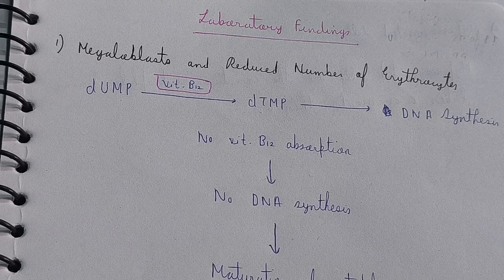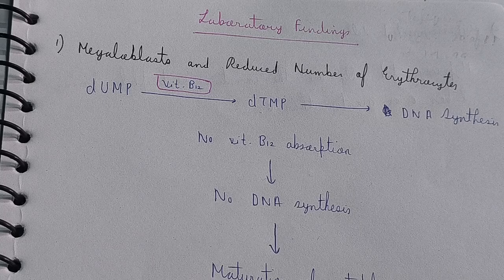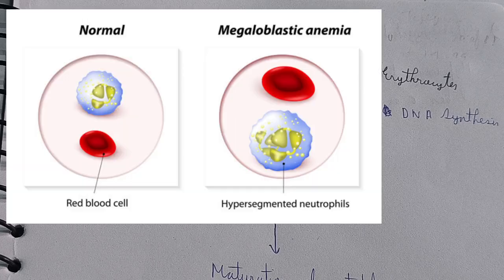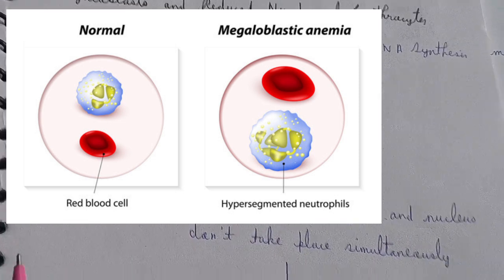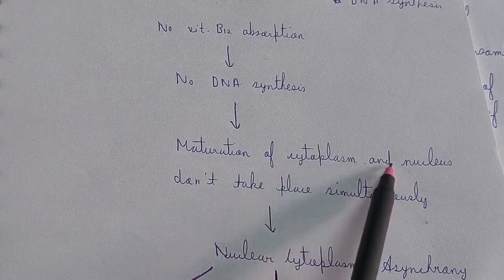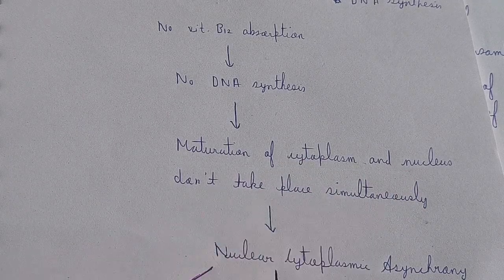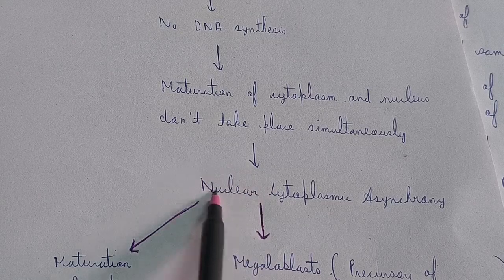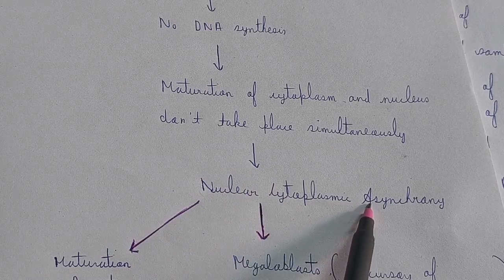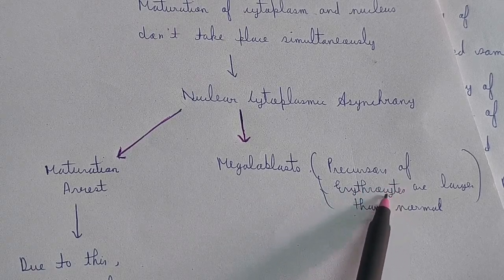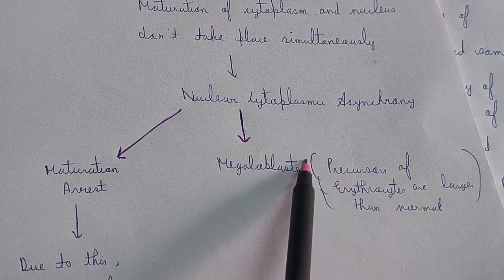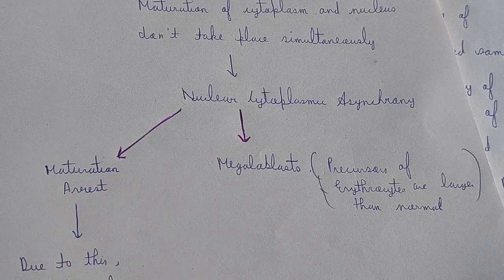As a result, the size of all the precursors of RBC will be larger than normal, and these precursors are then called megaloblasts. No vitamin B12 absorption means no DNA synthesis, so maturation of cytoplasm and nucleus don't take place simultaneously. Therefore nuclear cytoplasmic asynchronicity occurs, and the precursors of erythrocytes are larger than normal, known as megaloblasts.